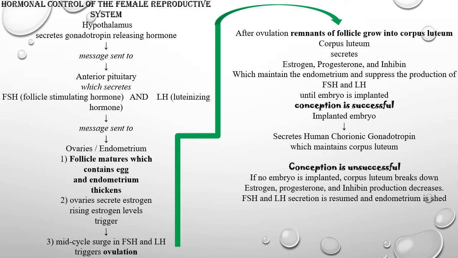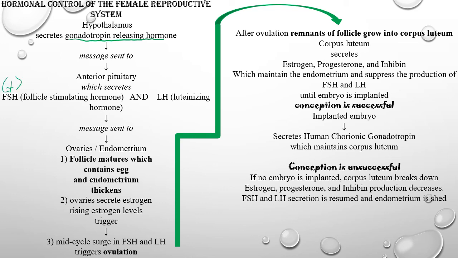For female reproduction, we once again have a large negative feedback system in play, much like that of the male, except this one's a little bit more complicated. Where we have the release of gonadotropin releasing hormone, we're going to have a positive effect on the release of FSH and LH.